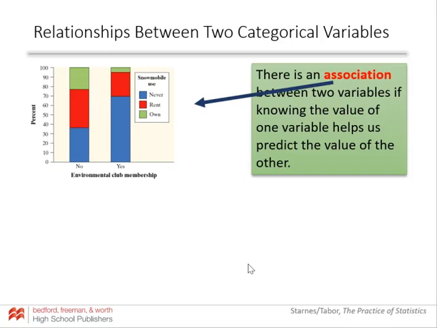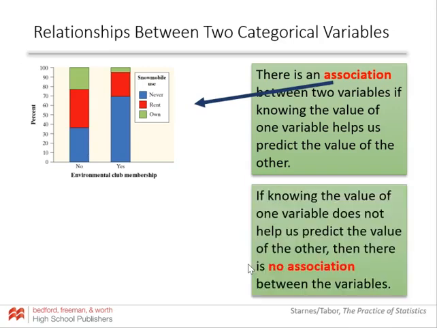If these 2 graphs look different, then we would say, yes, there is an association. The no's have much different percentages than the yes for the environmental club, so we would say there is an association.